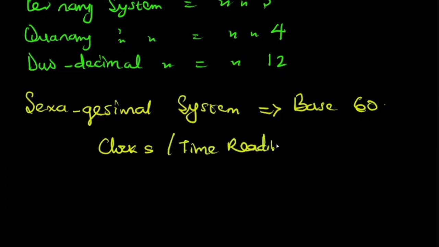That is why we say 60 seconds make 1 minute, 60 minutes make 1 hour, and like that. And even in maths, we use this sexagesimal system. When we are calculating angles, we say 1 degree is made up of 60 minutes and 1 minute is made up of 60 seconds.